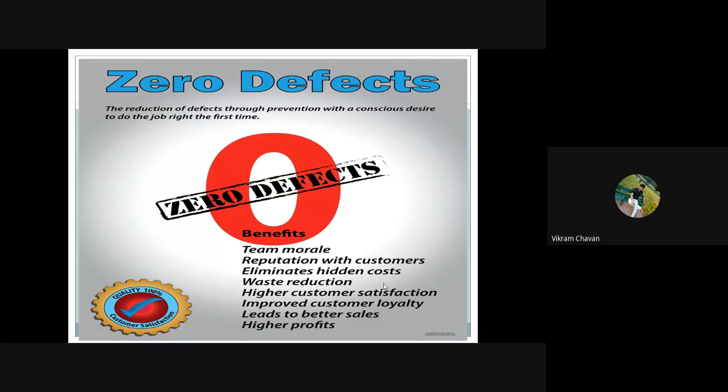Okay, so it eliminates the hidden cost. Hidden cost, I have just discussed that. Hidden cost is nothing but, if any product is found defective, then all the different costs related to that will be added. That will be the loss for the industry. That is nothing but machining cost, we have discussed that. Material cost.